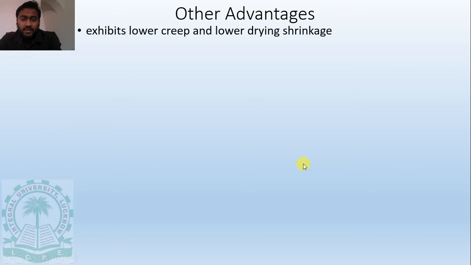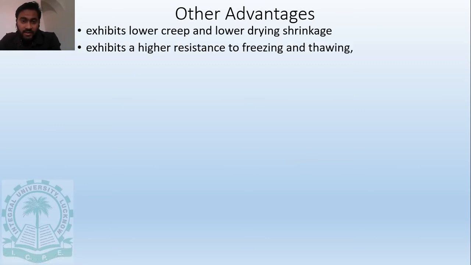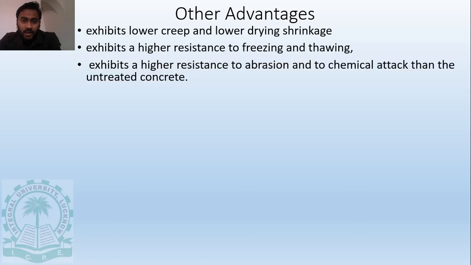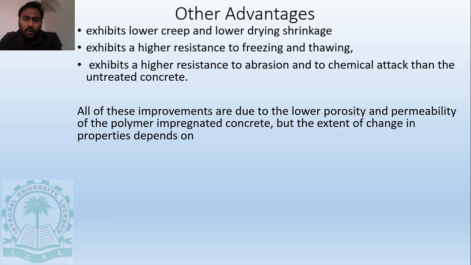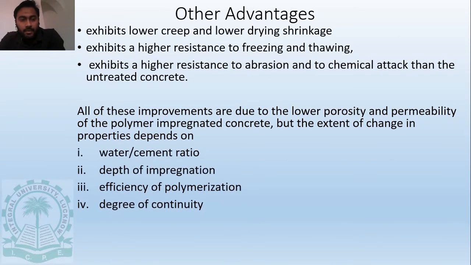Other advantages we have, they exhibit lower creep and lower shrinkage, drying shrinkage. They exhibit high resistance to freezing and thawing. They exhibit high resistance to abrasion and chemical attacks when compared to normal concrete. All of these improvements can be controlled by using water cement ratio, depth of impregnation, efficiency of polymerization, and degree of continuity.